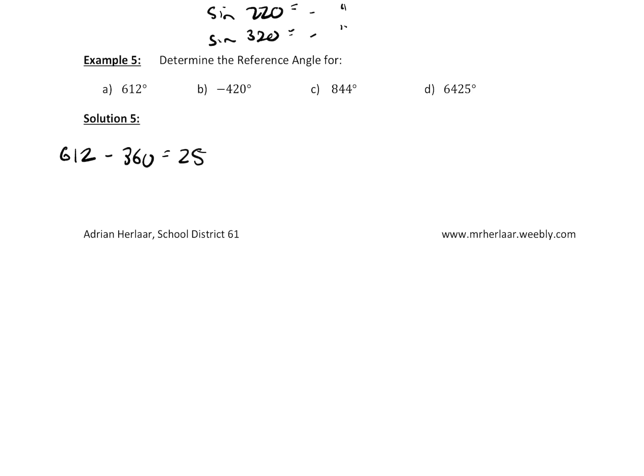So that's between 0 and 360. Where's 252 on your grid? 252 is more than 180, so it's in Q3. So how do I get just this amount? Well, 252 minus 180, and you'll get your reference angle, which is 72 degrees.